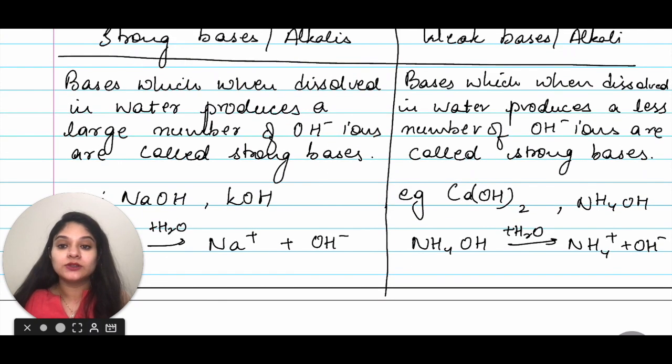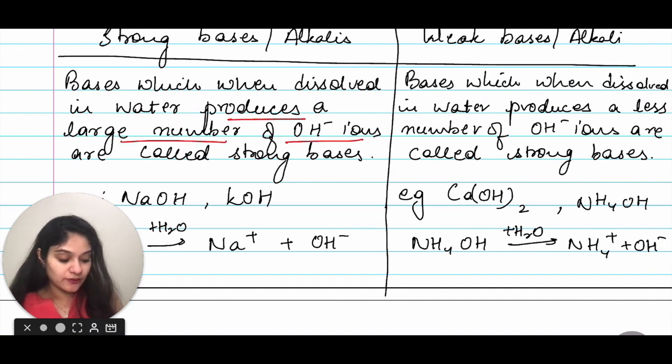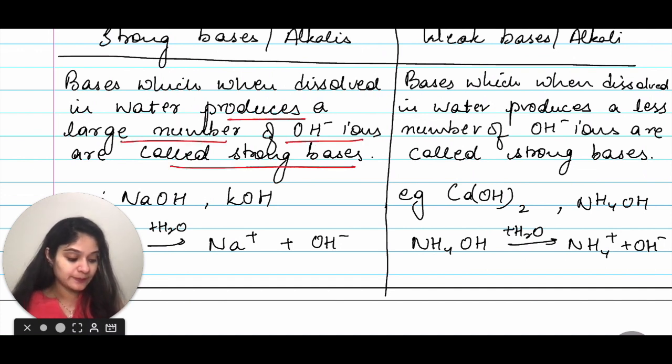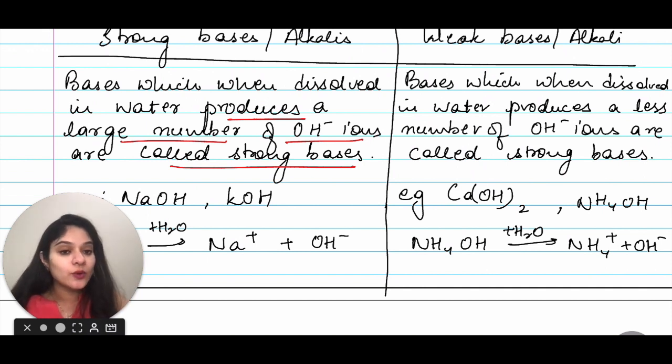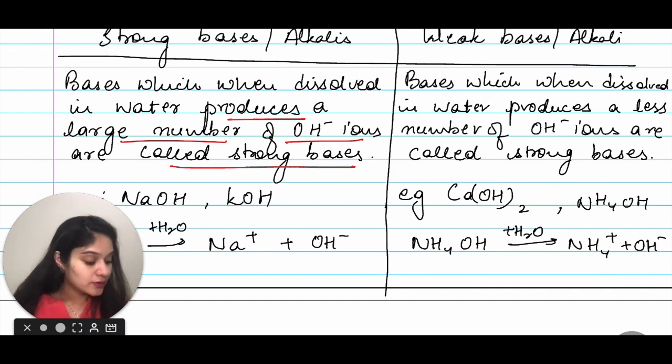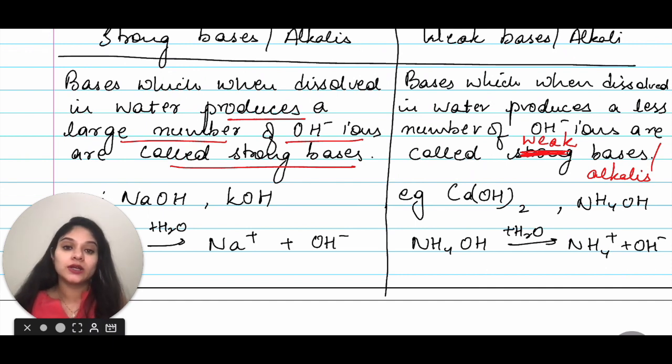Bases which when dissolved in water produce a large number of OH negative ions are called strong bases, for example NaOH and KOH, and you can give an equation for that. Bases which when dissolved in water produce a smaller number of OH negative ions are called weak bases or weak alkalis. Okay, then you can take a note of these examples right here.